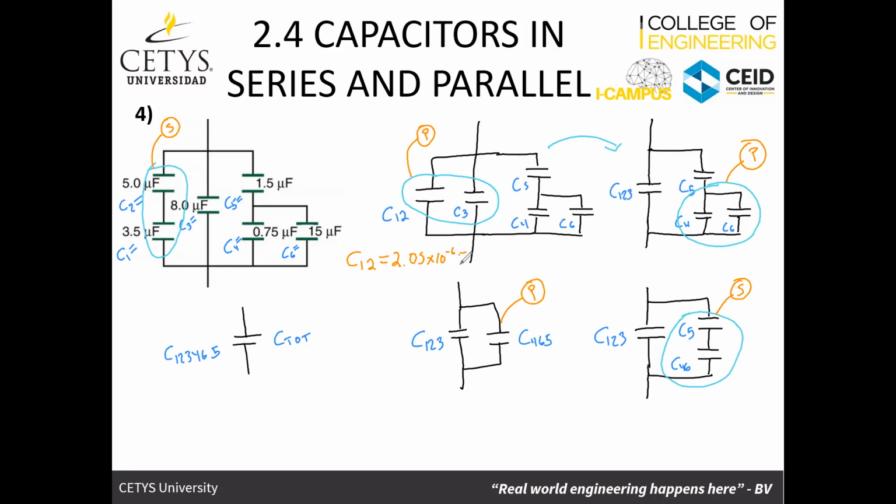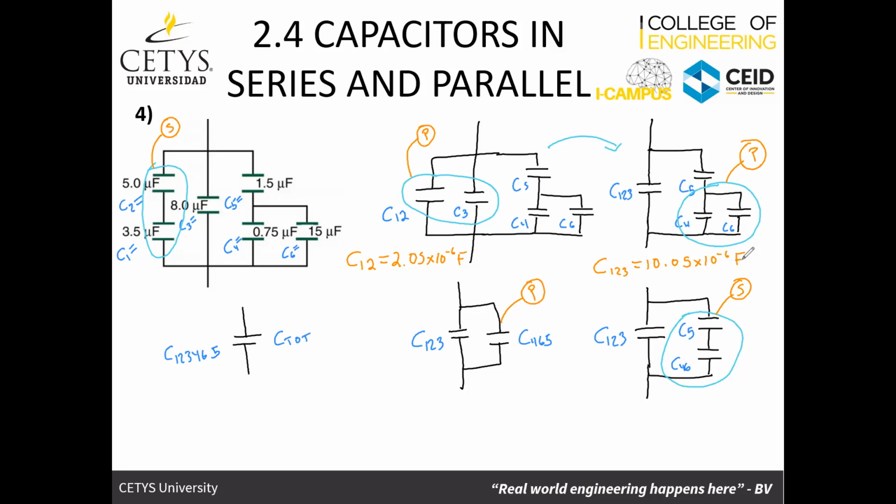Please, let's everybody verify the calculations just so we have them here on the slide. And then we've got C1, 2, 3, that's in parallel, so that's going to be an addition. So that would be 2 plus 8, 10.058 times 10 to the minus 6.